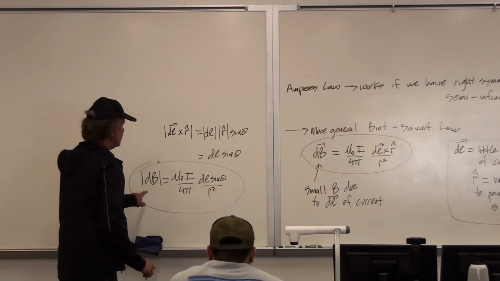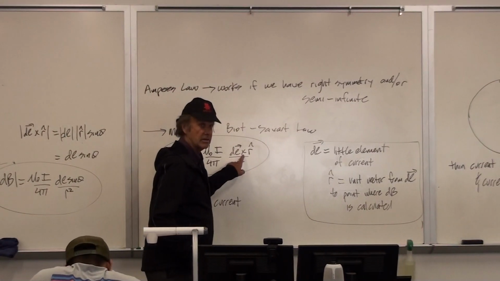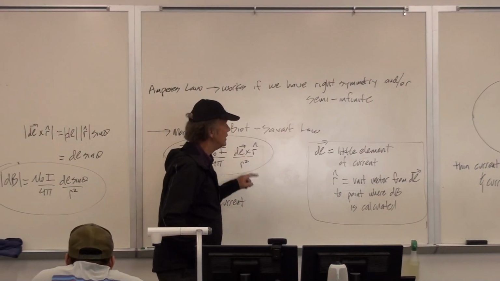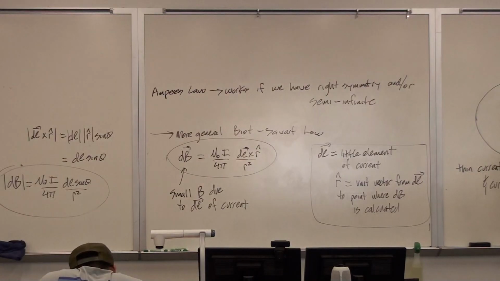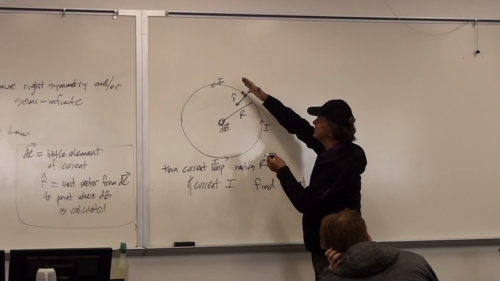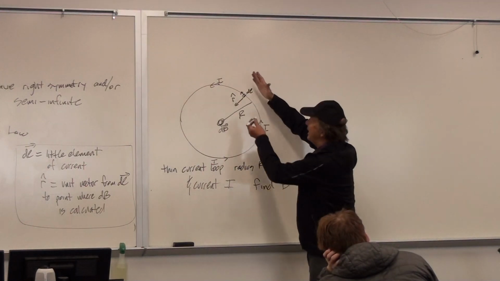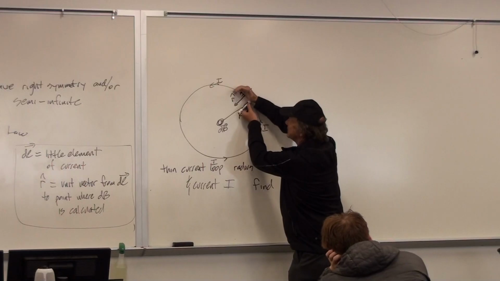So we use this to get the magnitude. We use this to get the direction. We do this using our right-hand vector cross product. Do dl. So we stick our arm in the direction of dl. That's the first thing. And then we curl our fingers in the direction of the second vector, dl cross r hat.